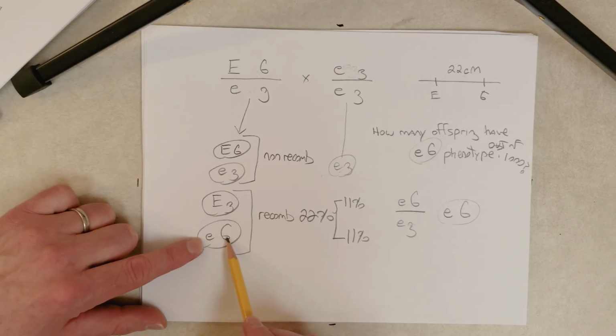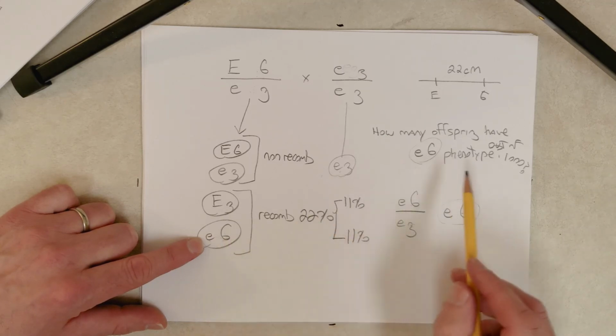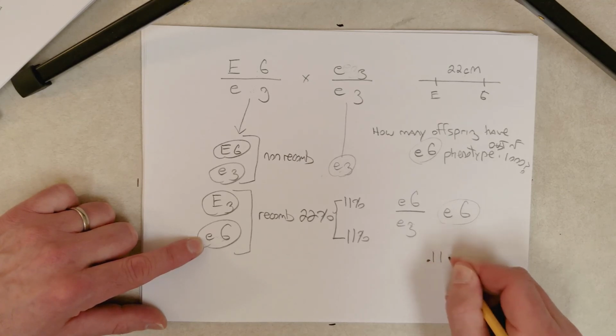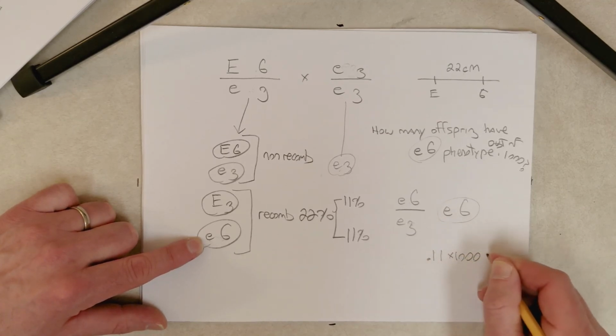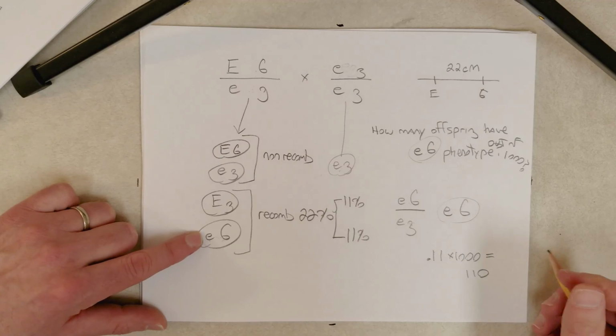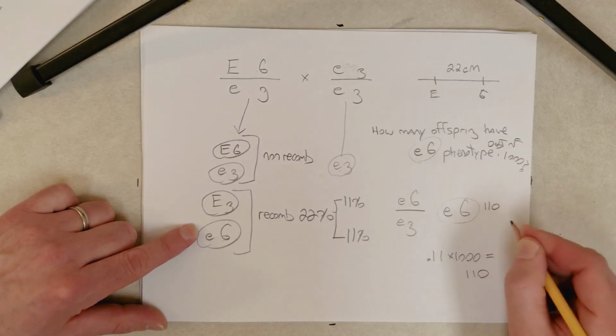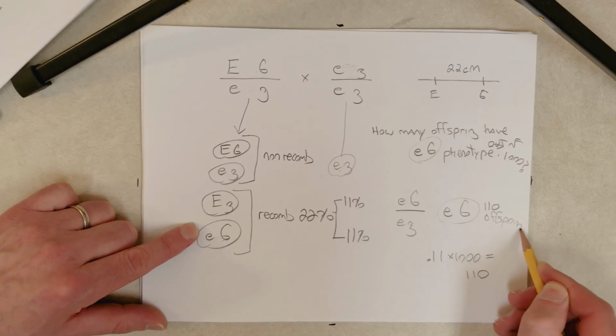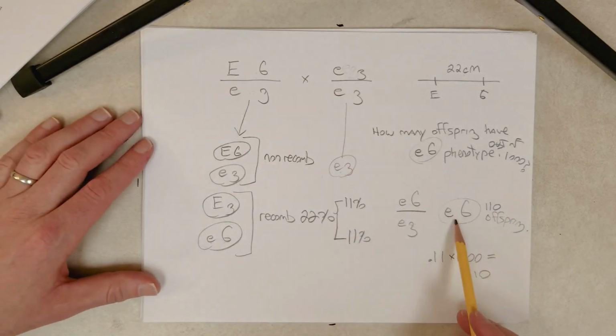So 11% out of 1,000 is 110. How do we know that? 0.11 times 1,000 equals 110. So 110 of the offspring should have this phenotype right here.